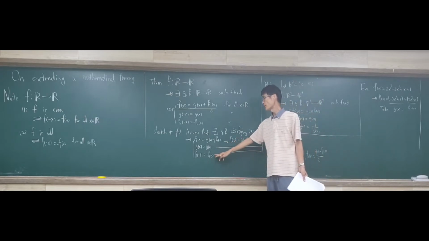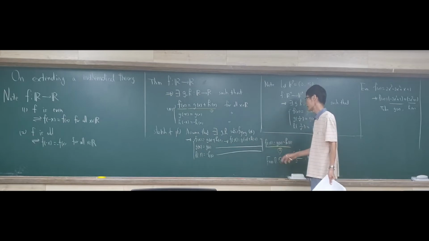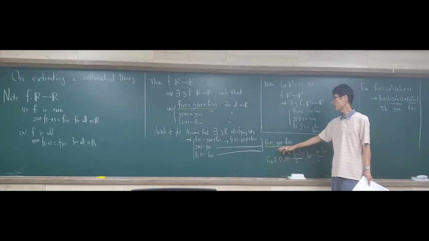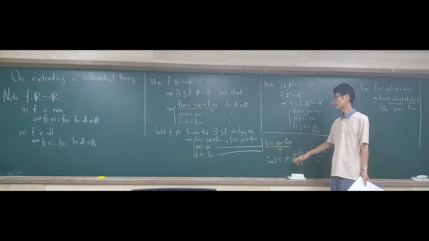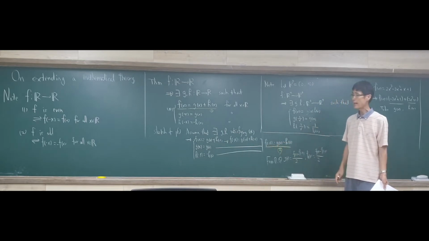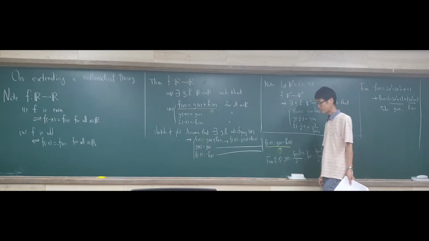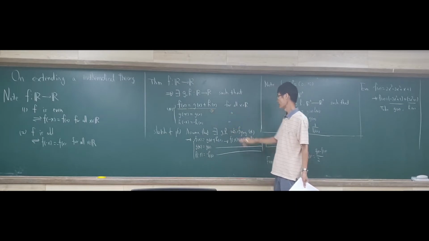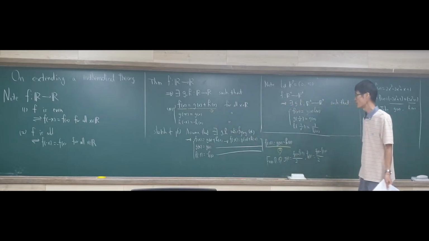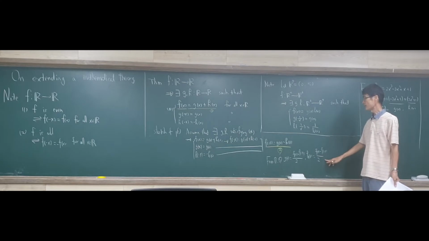From this condition and this condition, by replacing this and this, we can get an equation given as f of minus x is equal to g of x minus h of x. Then by solving the equation given from the first condition and the second condition, we can easily take g of x in this way and h of x in this way.